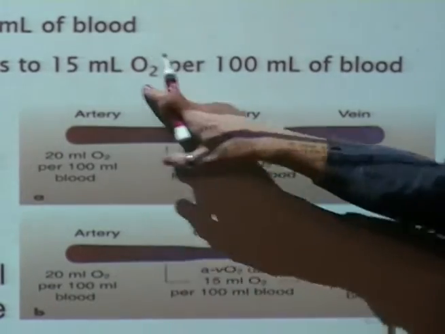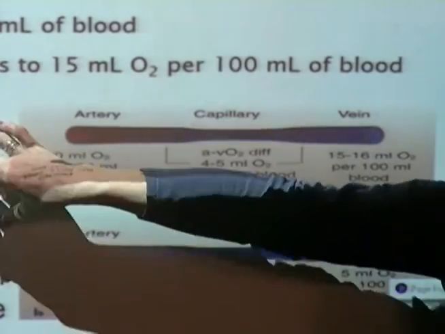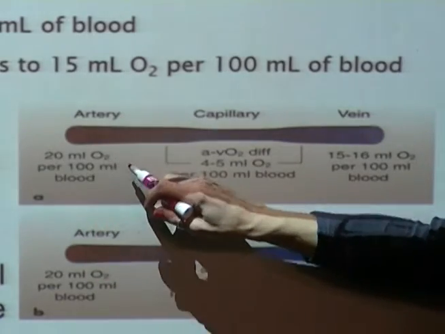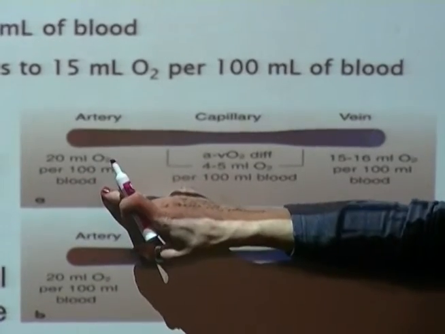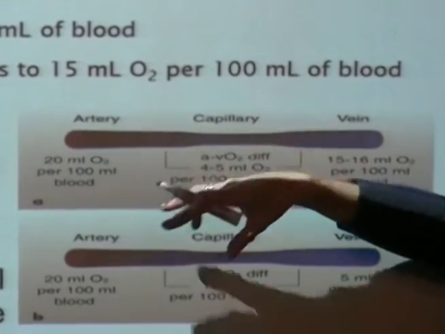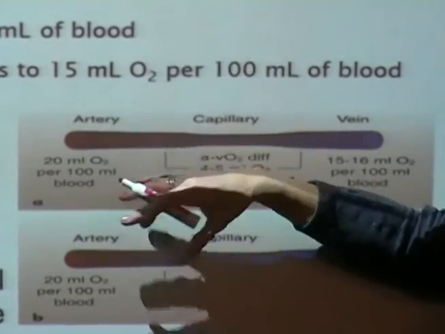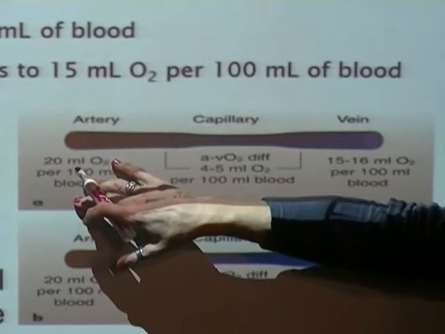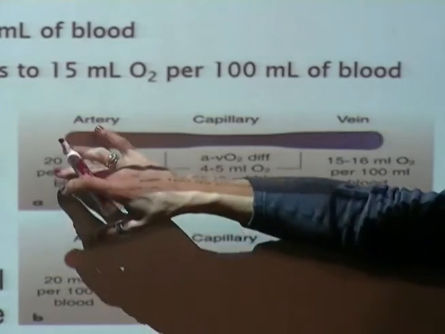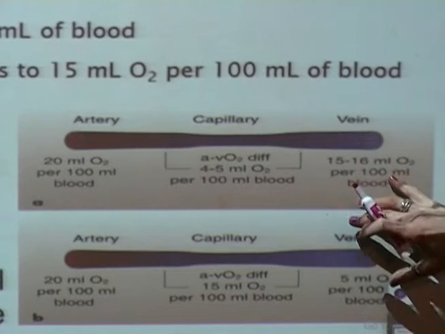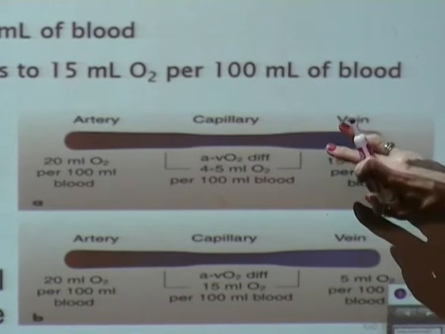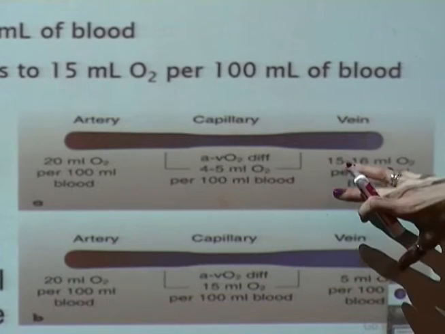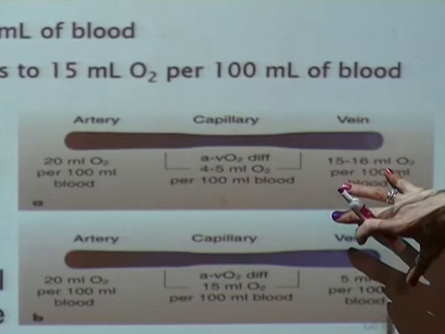So, on a given day, at rest, I've got 20 milliliters of oxygen per 100 milliliters of blood, on average. Depends on the person. But in this example, when I look at the level of oxygen in the vein that is leaving the muscle, I have about 15 milliliters of oxygen.